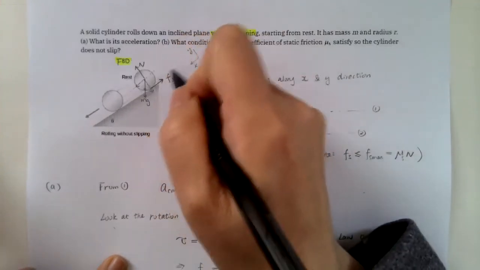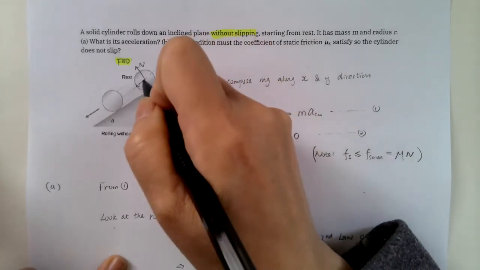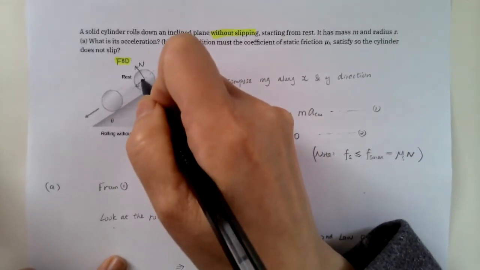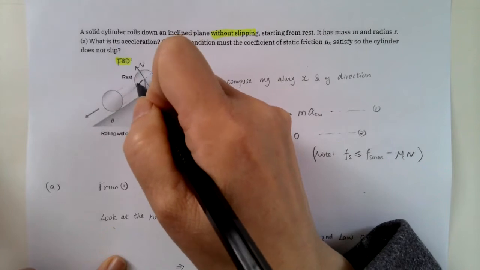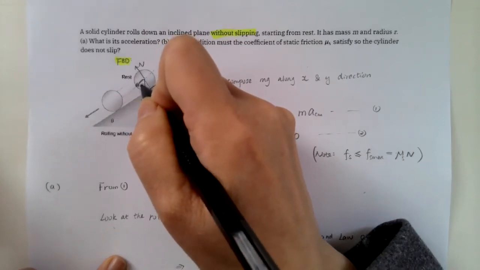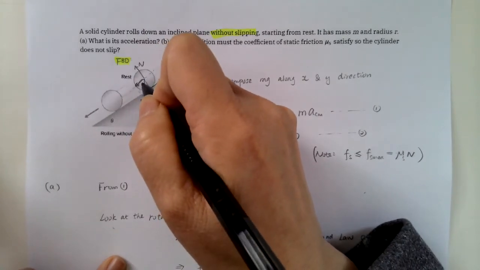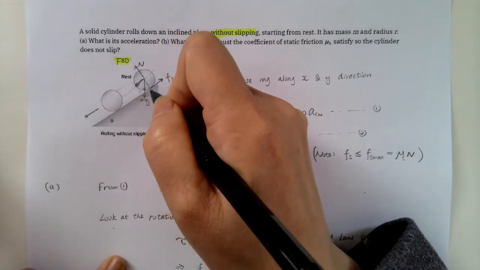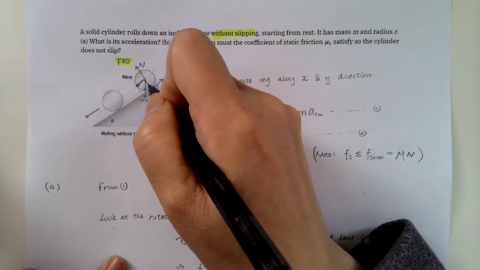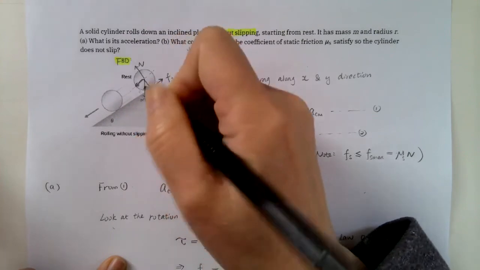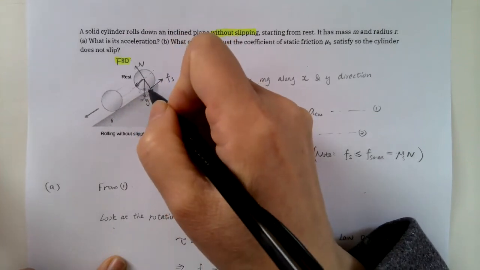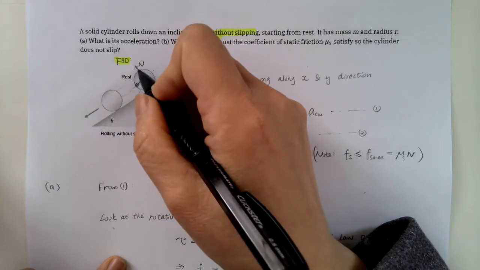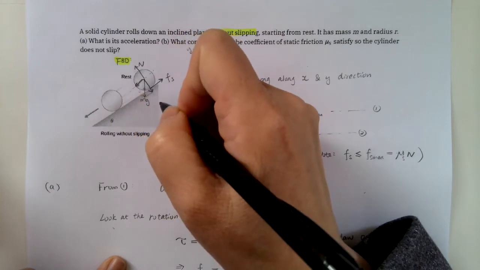Okay, so now decompose mg. Construct a right triangle. We have this force right here, and the magnitude is mg times sine theta. And along the y direction, we have another component right here, and the magnitude is mg times cosine theta, and it is pointing along the negative y direction.